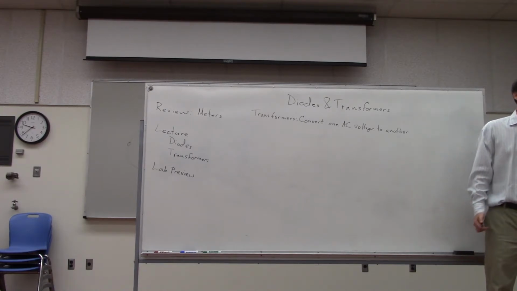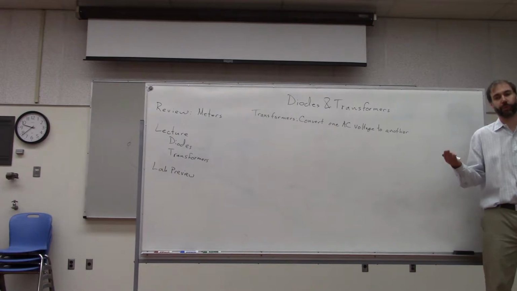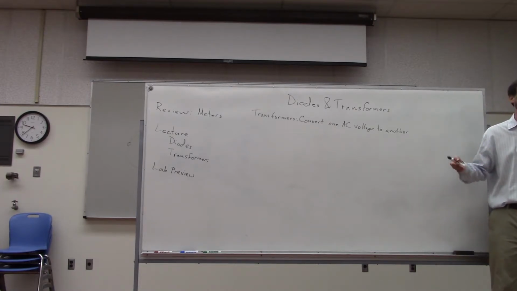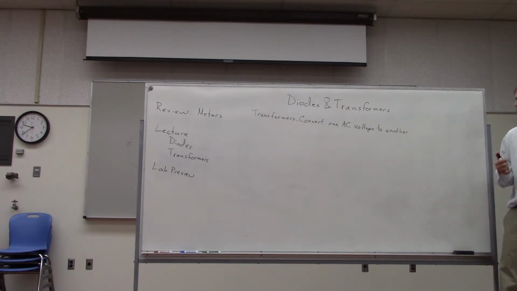Those took the voltage that was coming out of the powerhouse and amplified it, made it higher, so that it could be transmitted down the power lines, right? So those were some transformers.